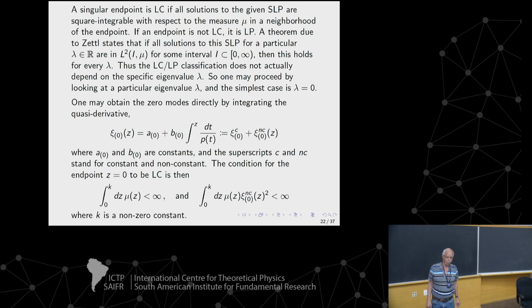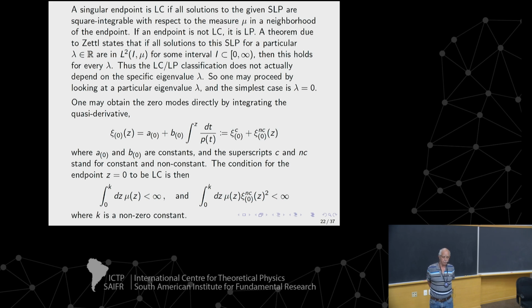But there are these two different types of behavior of endpoints, 0 and infinity, the interesting ones. And it's limit circle if all solutions to the given Sturm-Liouville problem are square integrable with respect to the measure mu, in a neighborhood of the endpoint. Not all the way, but just in a neighborhood, this is a local issue around the endpoint. And if it's not limit circle, it's limit point.